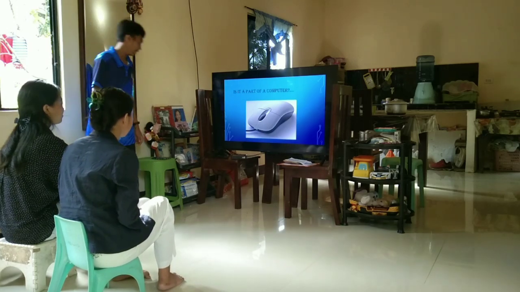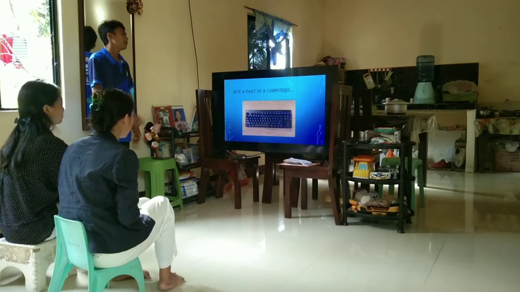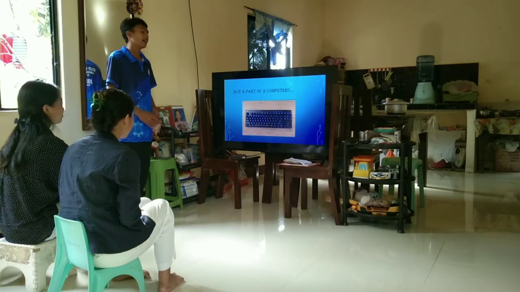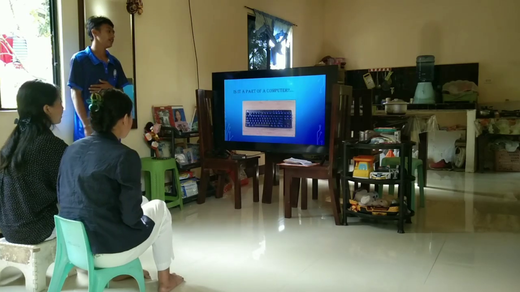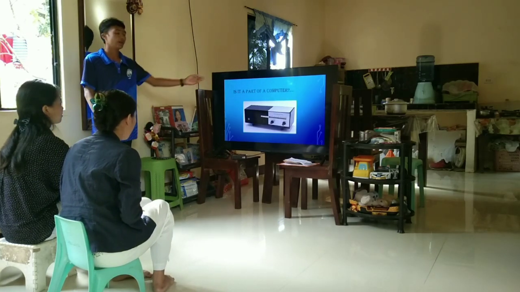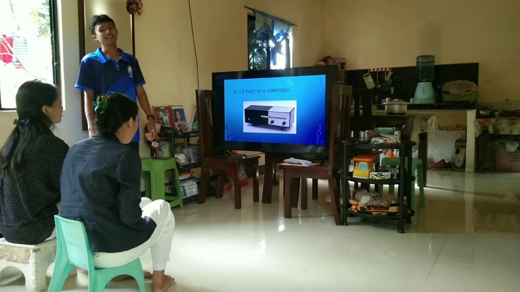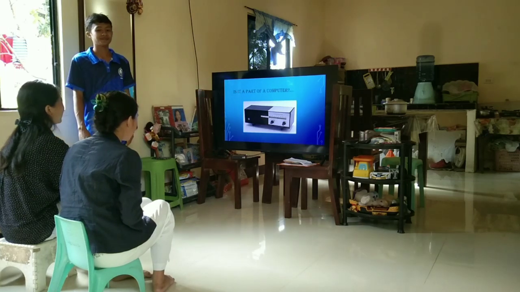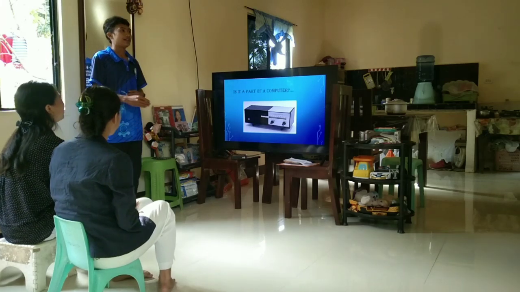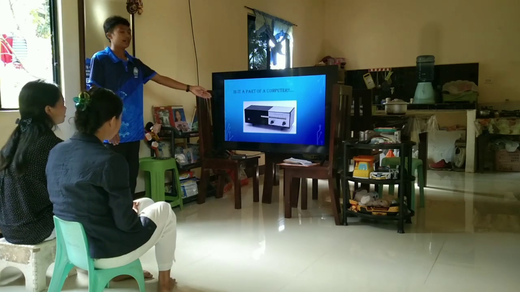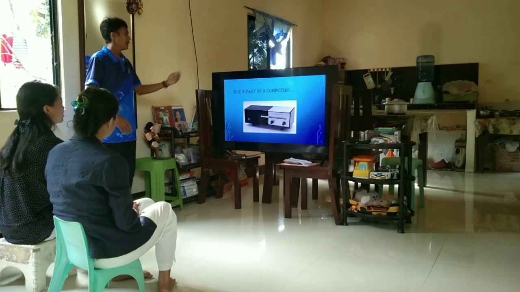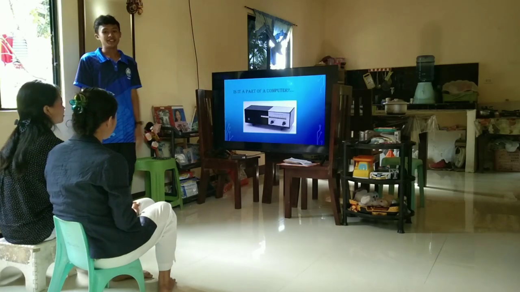Yes. Okay. So the next picture, what is this? Keyboard. Do you believe that a keyboard is a part of a computer? Yes. Okay. So the next, what do you think this picture is? Okay, you were not able to determine what picture this is, right? So I may have to ask, is this a part of a computer?